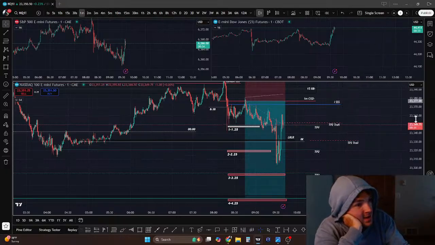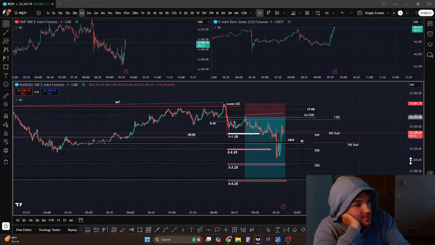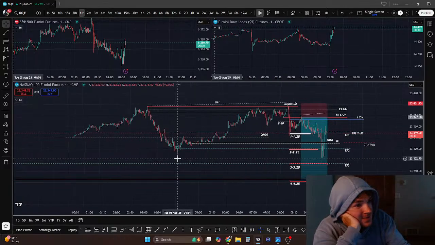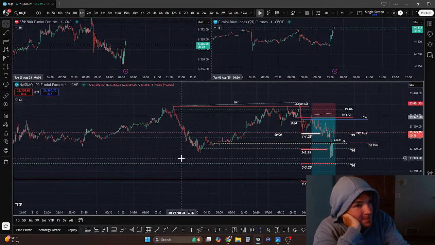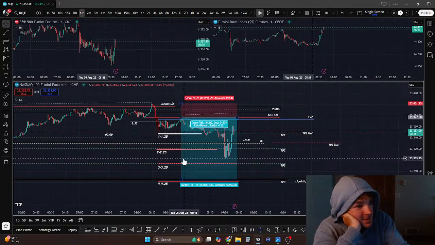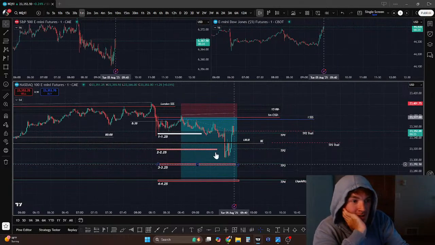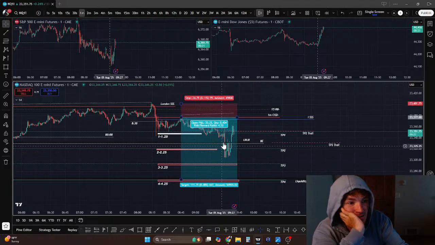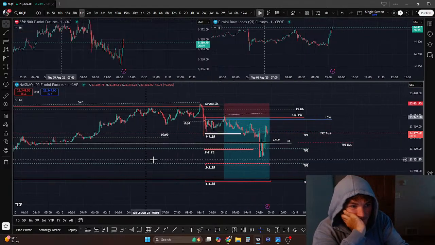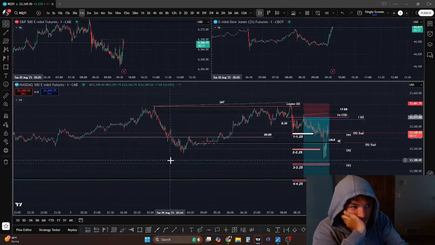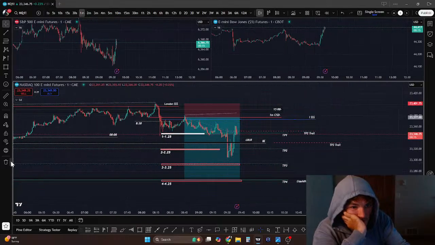Let's see. Man, I thought maybe we would get that move lower. But, you know what? It is what it is. Look at how violent this move lower is. I thought for sure we'd keep going. Dang. Anyway, let's get rid of this.